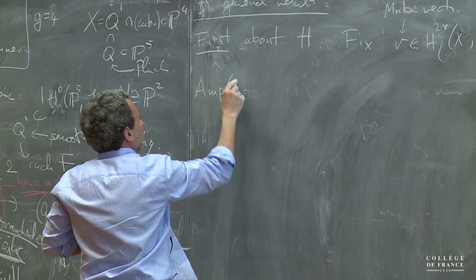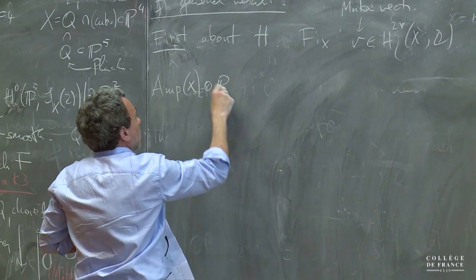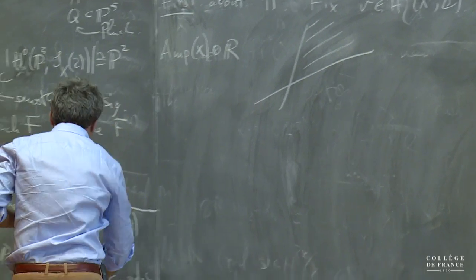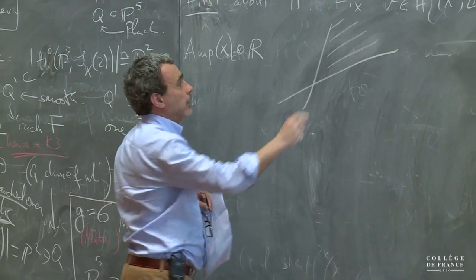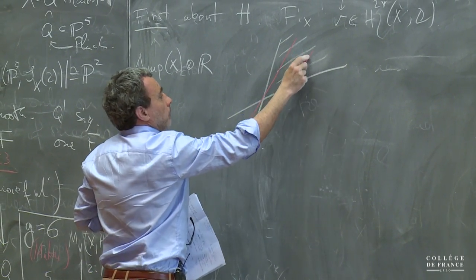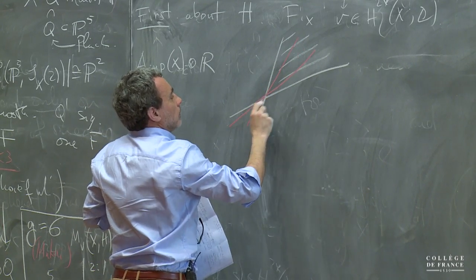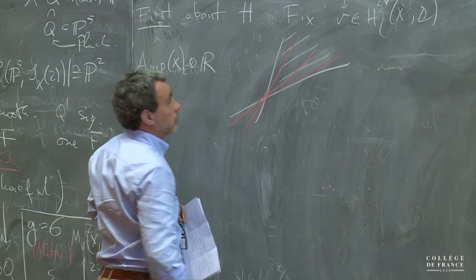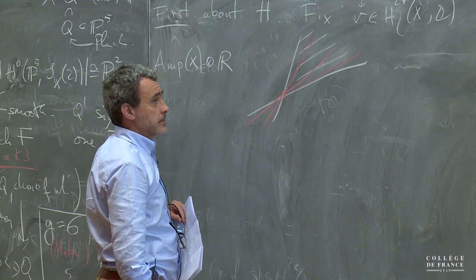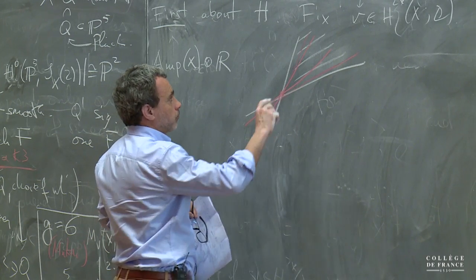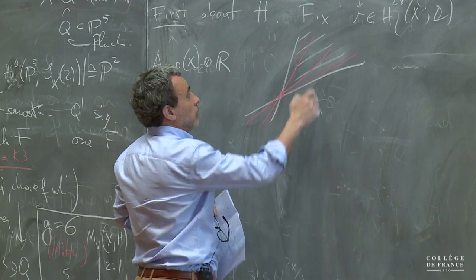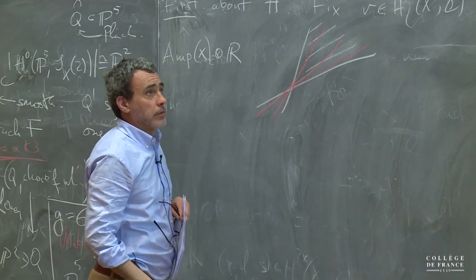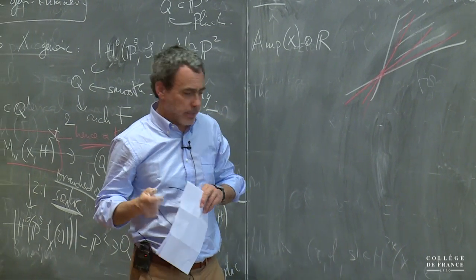I'll just draw a picture. The ample cone of X tensor R, we have something like that. And what happens is that we have a locally finite subdivision. We have hyperplanes which give a locally finite subdivision of the ample cone with the property that when the polarization is in the complement of these hyperplanes, the moduli space is as smooth as it can be, let's say.